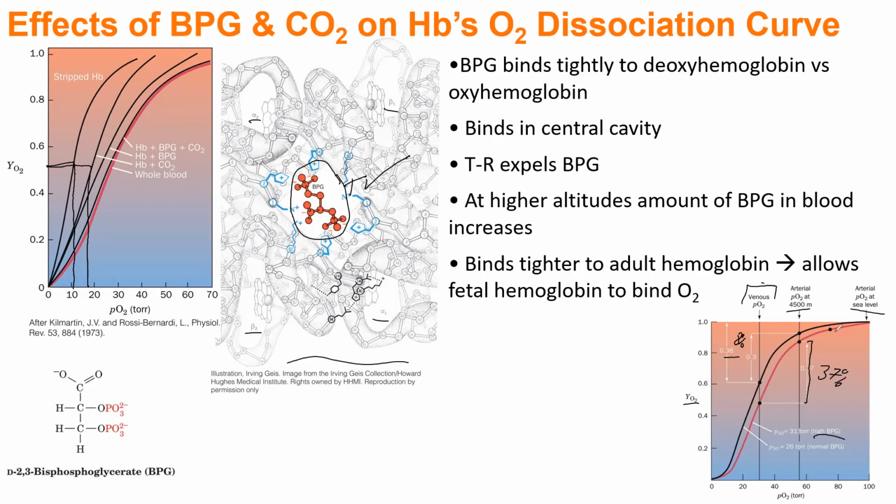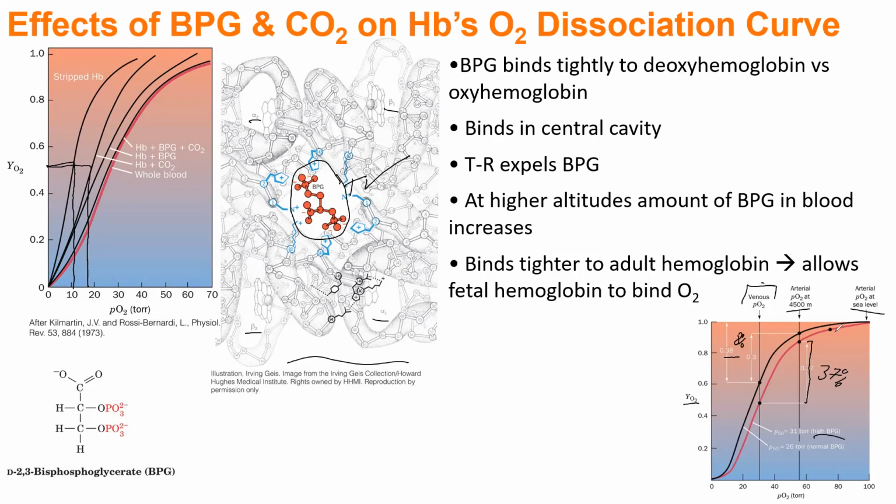This is also good for pregnant mothers. So fetuses, they have fetal hemoglobin. They don't have regular hemoglobin like we do. They have a special type of hemoglobin that they only get when you're a fetus. And fetal hemoglobin does not bind BPG, which means they're like always going to be in the R state.